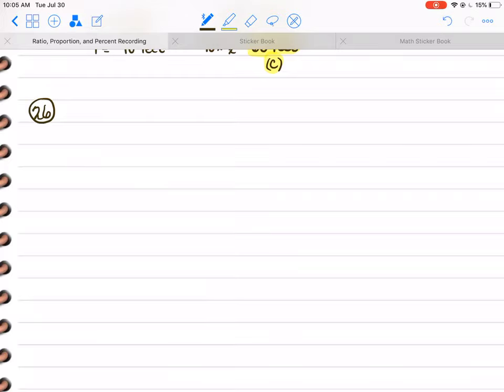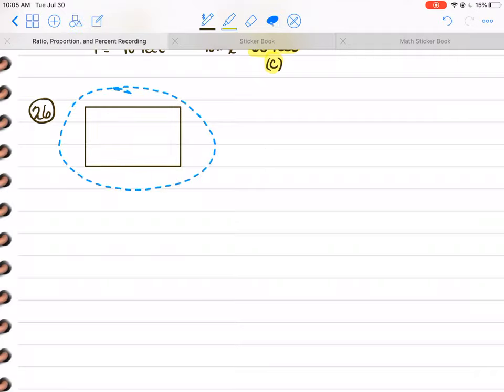So the first thing they told me about is this wall in a house. And they say that the wall in the house has a height of 17 feet and a width of 19 feet.